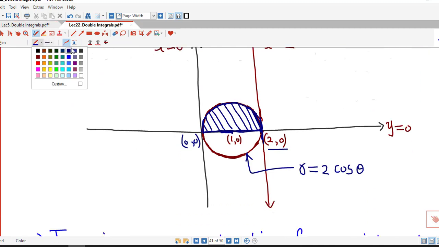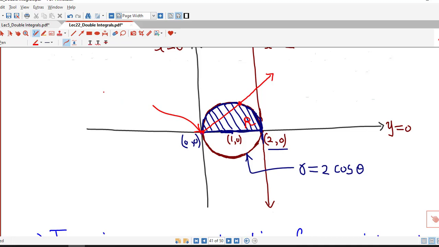Once we have the region of integration, we can decide the limits of r and theta. So we imagine a ray starting from origin and passing through the region of integration. At this point the value of r is 0, so here we write that the ray enters the region at r equal to 0.